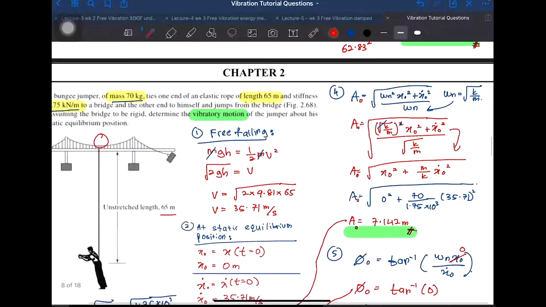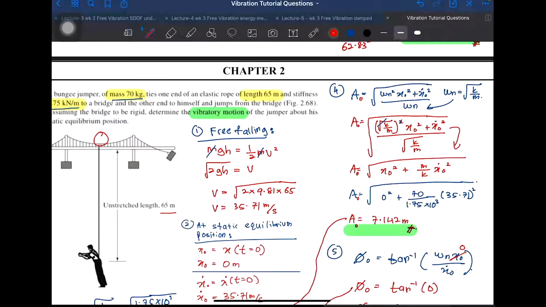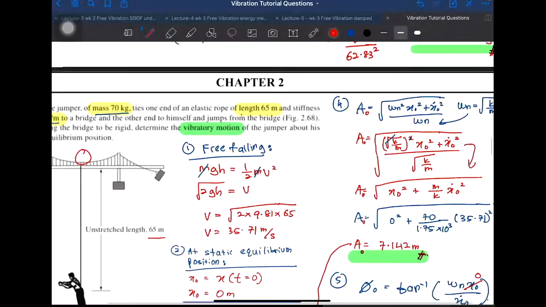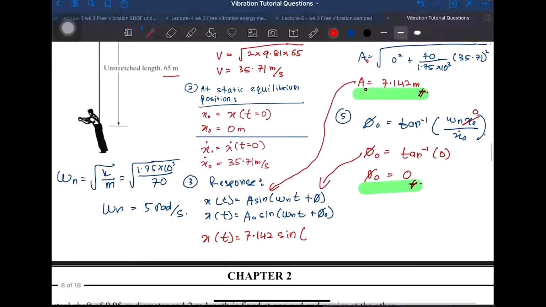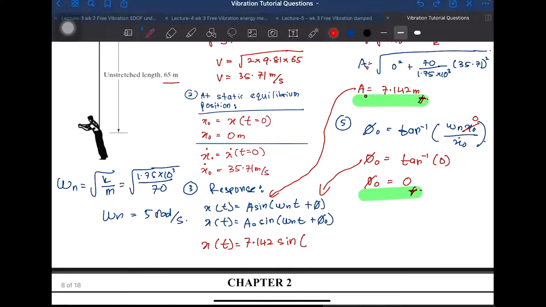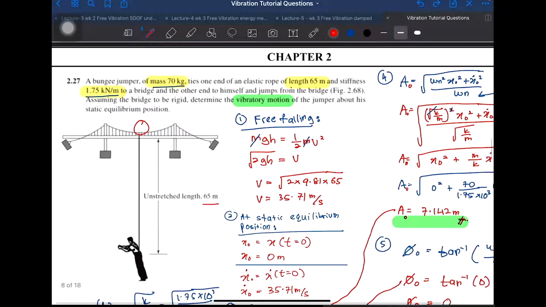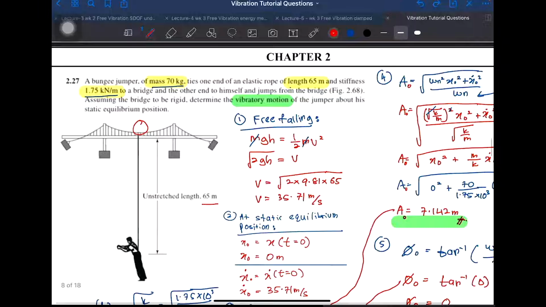You can just calculate the omega n first. Actually, the question didn't ask you to put the value for A and the value for phi inside the response. But I just want to show you that in case the question asks you to find the response, typically in the vibration exam, the question will ask you to find the response.